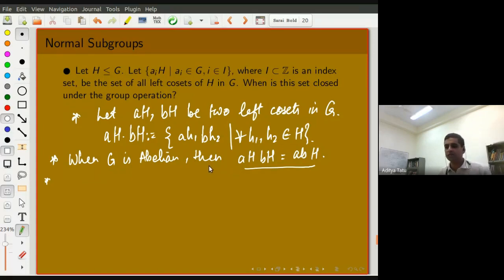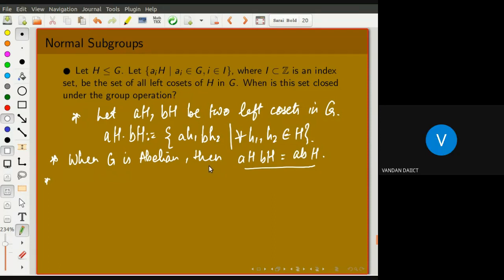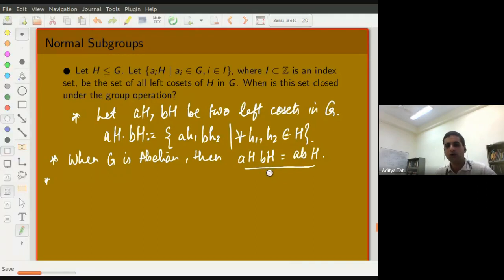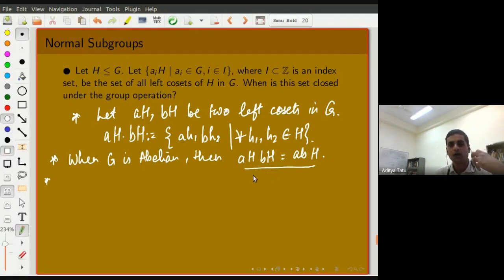What I'm trying to say is, is being abelian the characteristic for the set of left cosets to be closed under the group operation? We can show that G need not be abelian. Even for a non-abelian group G, this can happen. What is the condition? Is it always true for any subgroup H?